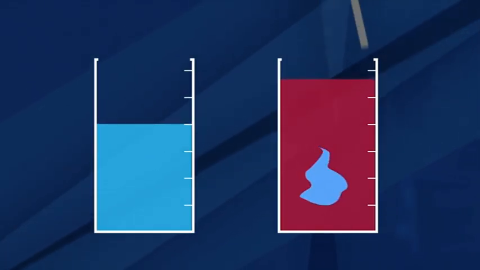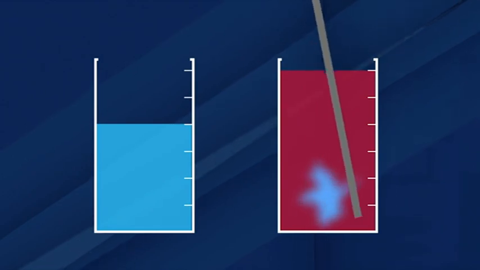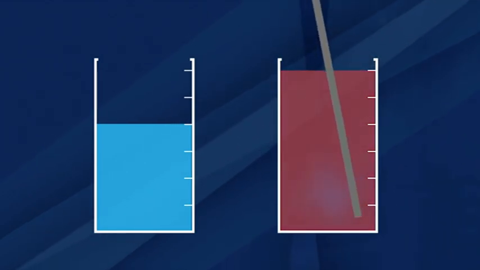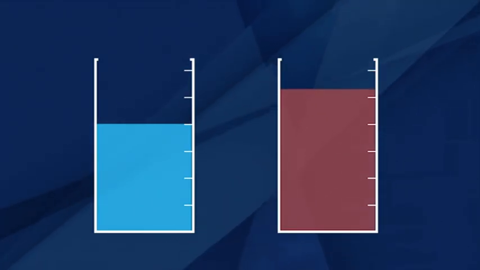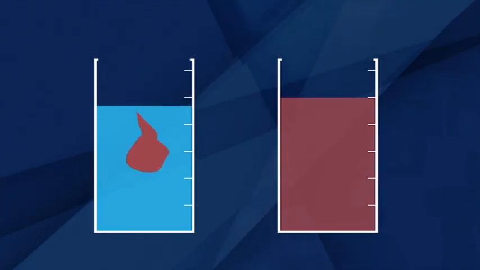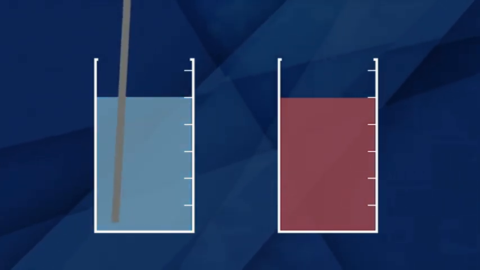Then we stir the water-wine mixture until it's thoroughly stirred so that the water is evenly distributed in the wine. We now remove 1 cup of the mixture and place it back into the water glass, again stirring thoroughly. The question is this: when we're done, is there more water in the wine glass or wine in the water glass? As usual, pause the video here to think that over.